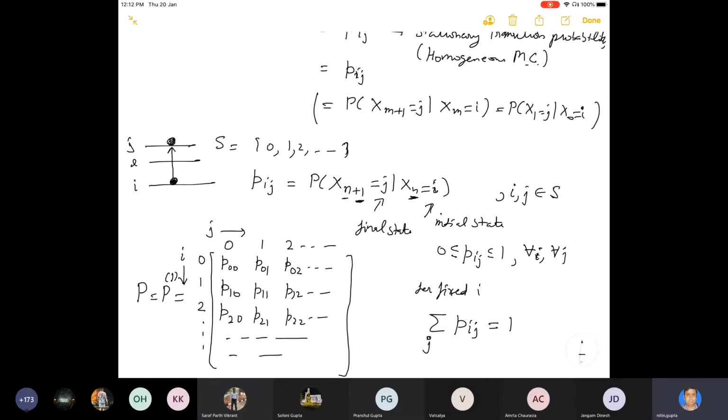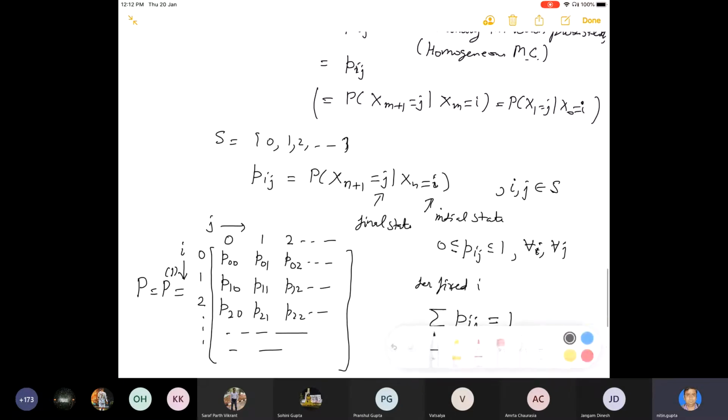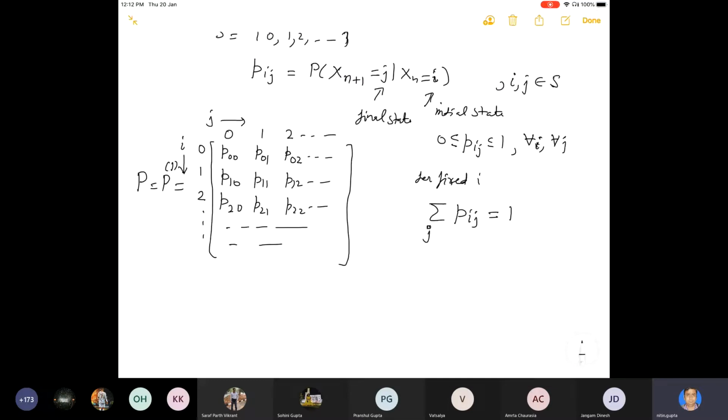It may be that Xn is equal to i in the nth step, but in one step it will move to j. In this fashion, you can understand. So that is basically what it is denoting.